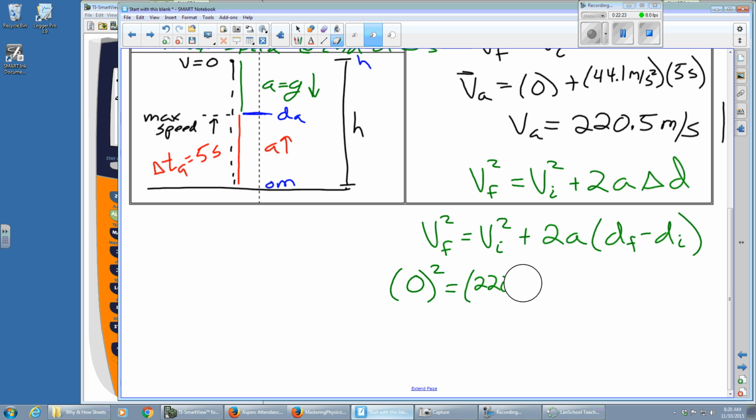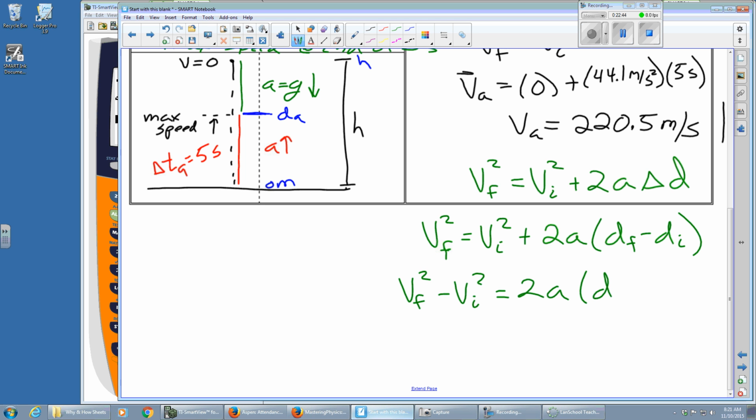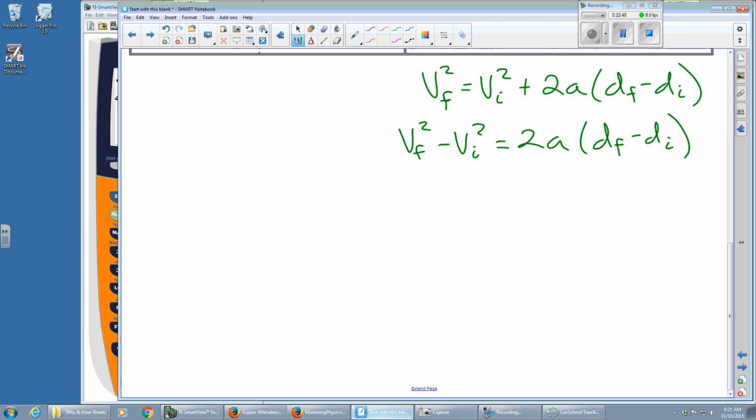Actually, let's rearrange first, sorry. I care about df, which is going to be my height. So I'm going to have v final squared minus v initial squared equals 2a times df minus di. Rearrange that.